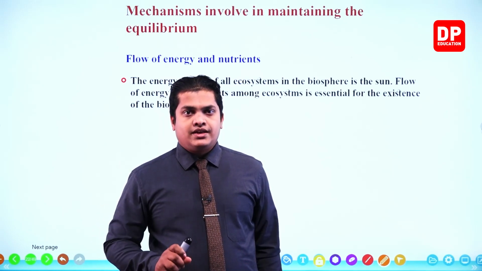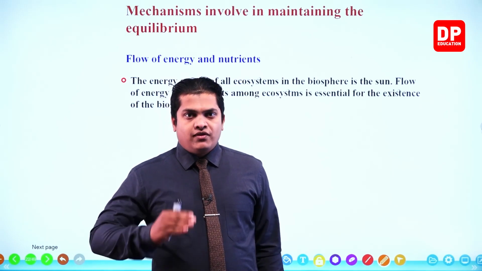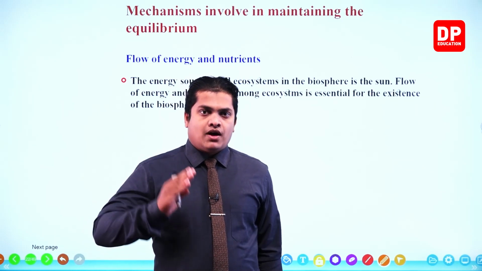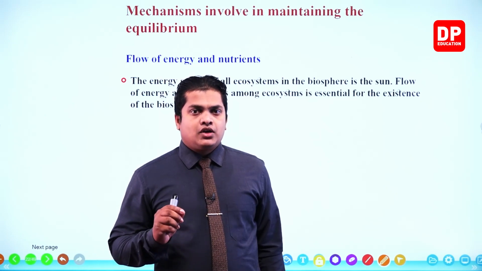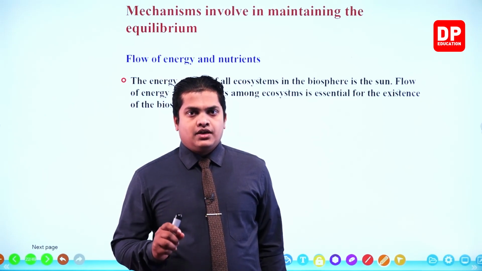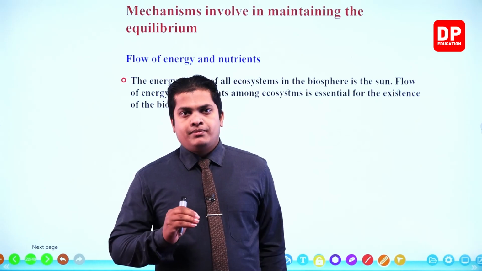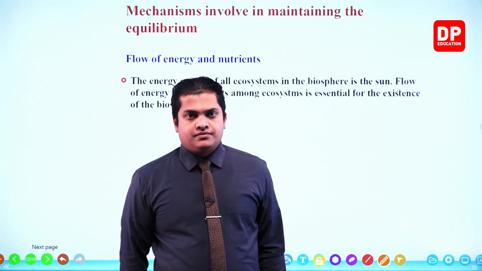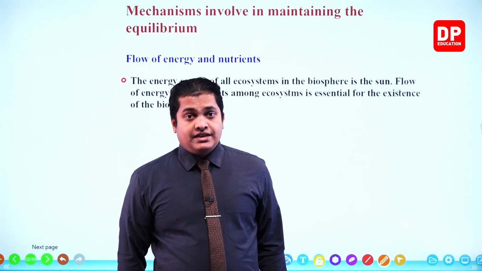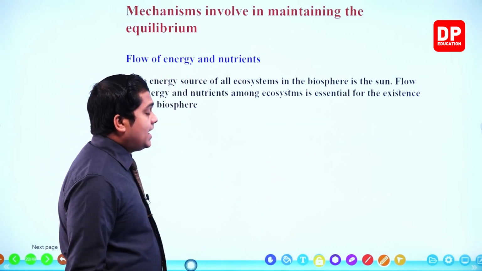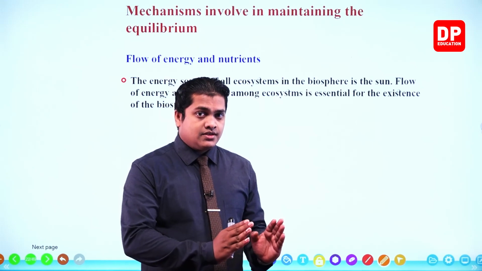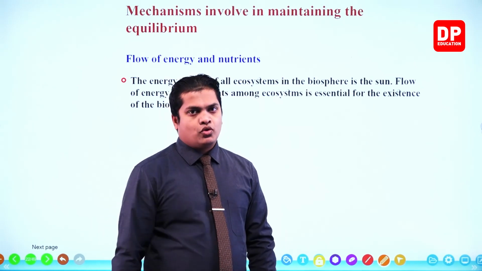Plant produces the energy from sunlight. So the flow of energy from one organism to another should be there in order to observe the equilibrium in a certain environment. To maintain the environment, the flow of energy and nutrients from one body to another is very important.